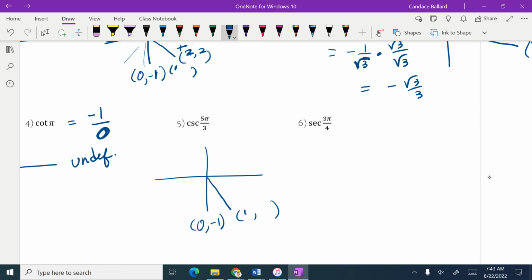So the other part of the coordinate is going to be 3. And is it positive or negative? Negative on that. So cosecant is the reciprocal of what? Sine. So that one I might write that much out so I could visualize it. I'm not going to do 1 over. I'm just going to go ahead and flip it, right? So it's negative 2 over square root of 3 and then rationalize it. So negative 2 square root of 3 over 3.